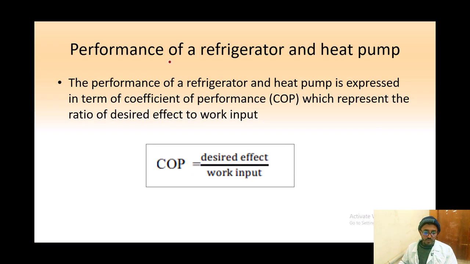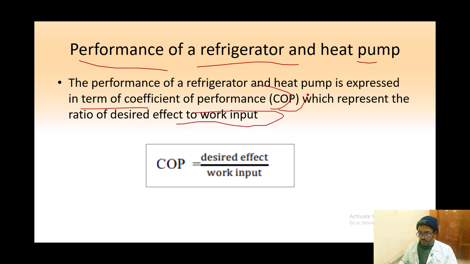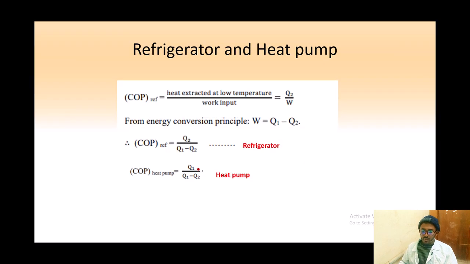The other thing is the performance of a refrigerator and heat pump. The performance of a refrigerator and heat pump is expressed in terms of coefficient of performance, COP, which represents the ratio of desired effect to work input. Most of the time, the coefficient of performance is always desired effect over work input. So for the refrigerator, let's say the coefficient of performance of the refrigerator is the heat extracted at low temperature over work input, right?